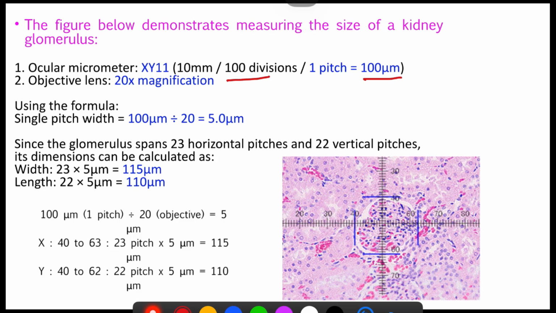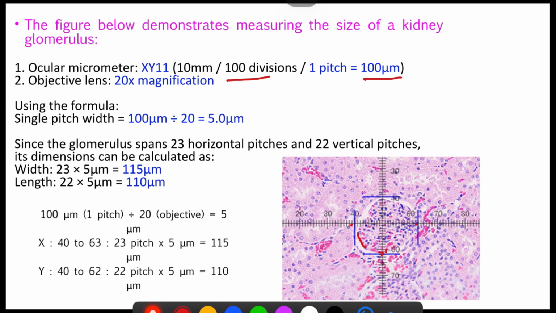Now here is a glomerulus, and from this image we can see the glomerular dimension has 23 horizontal and 22 vertical divisions, because it is starting from 40 to 63 here, and here it is 40 to 60.